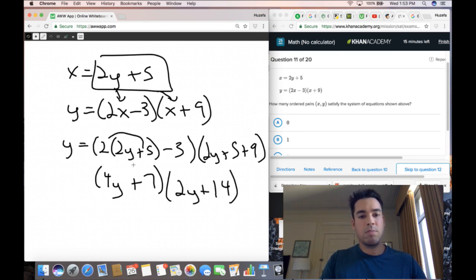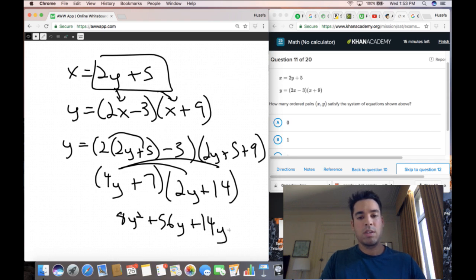These guys then multiply to become 8y squared plus 56y plus 14y plus 84, plus 98.